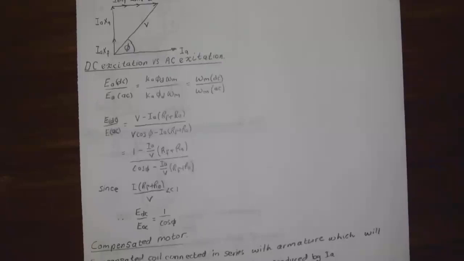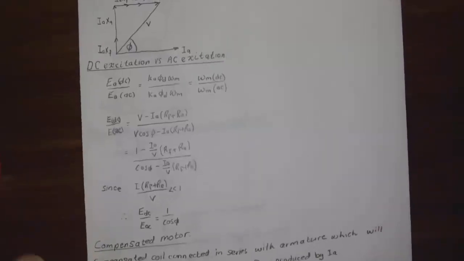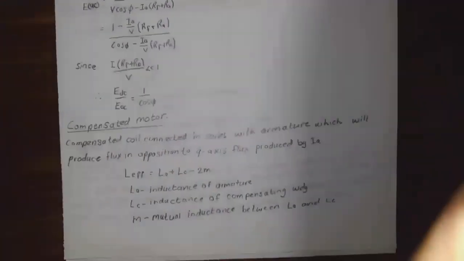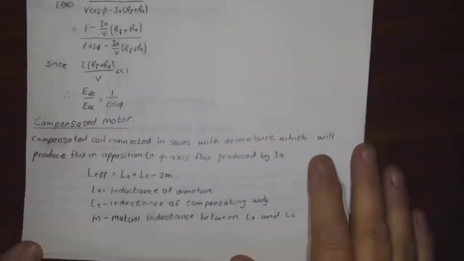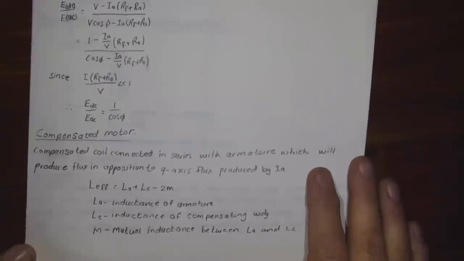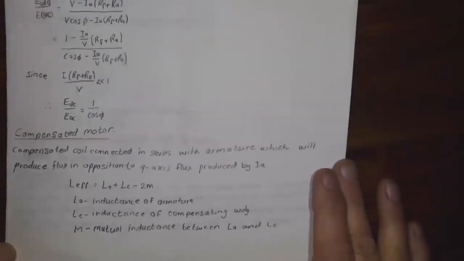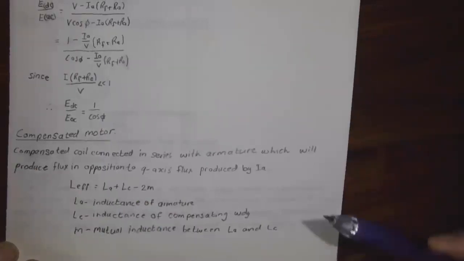Now we get to a compensated motor. Okay, compensated coil connected in series with the armature, which will produce flux in opposition to the Q axis flux produced by IA.